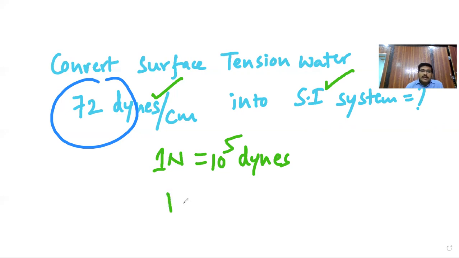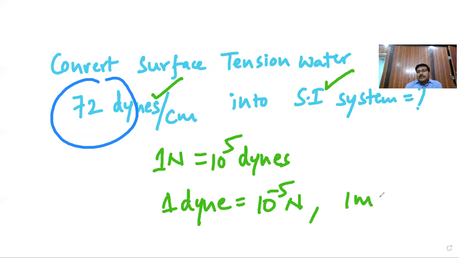So what is 1 dyne? 1 dyne is 10 to the power of minus 5 newtons. Clear? And you know that 1 meter is 100 centimeters, so 1 centimeter is 10 to the power of minus 2 meters.